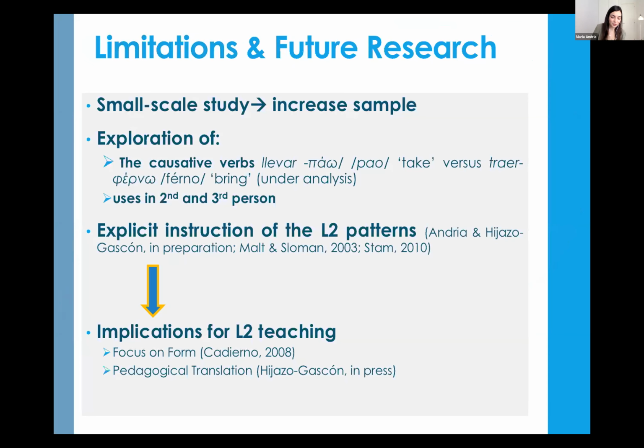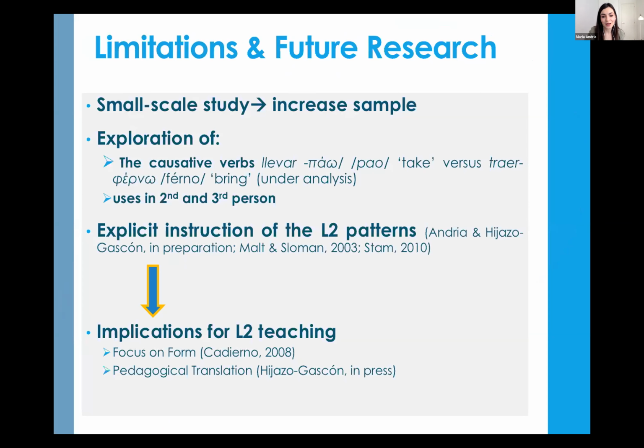So to sum up, of course, we presented a small-scale study as a first approach to this cross-linguistic phenomenon, but we are currently collecting more data from different participants so as to increase our sample and gain more insights into this phenomenon.